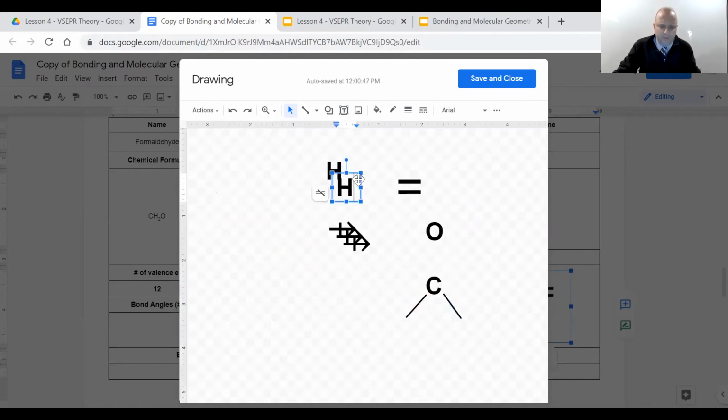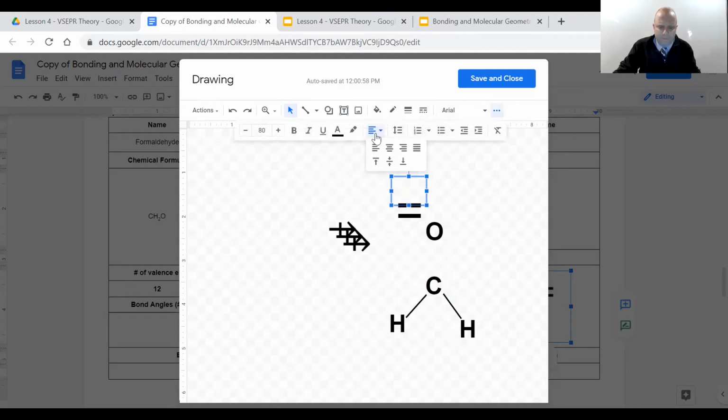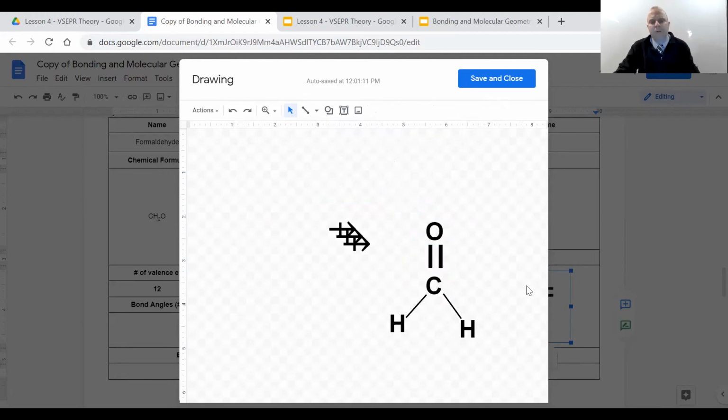So that's going to be where my 2 hydrogens are. And then my oxygen, which is at the top, that's going to be connected with this double bond. So I'm going to move this. Let's make it in the center there. There we go. Flip this so that it's nice and straight up. And we're going to put that right there. Okay, so that's what our picture looks like.